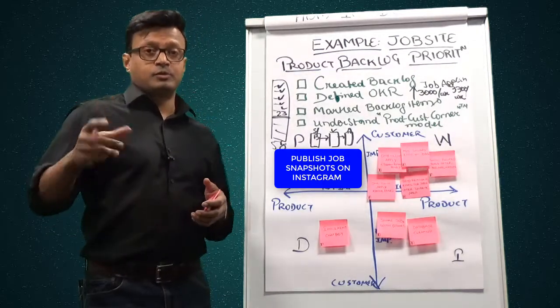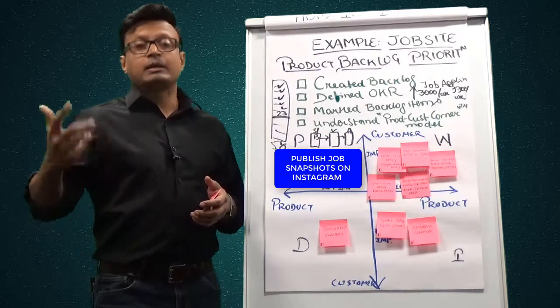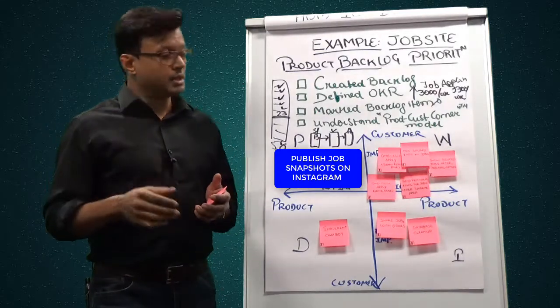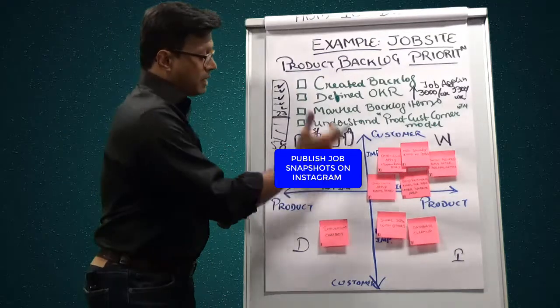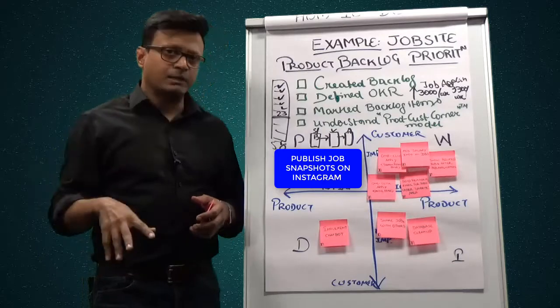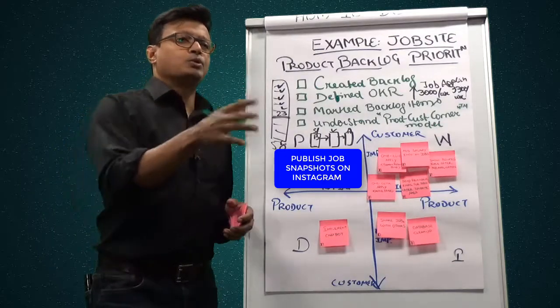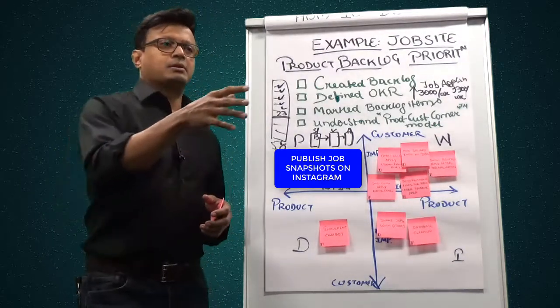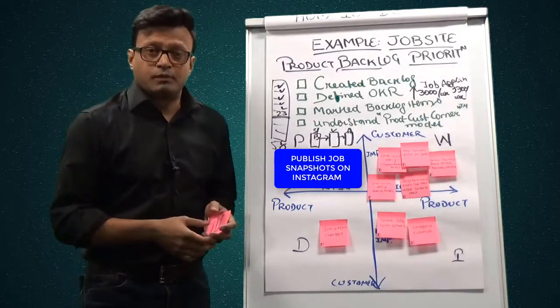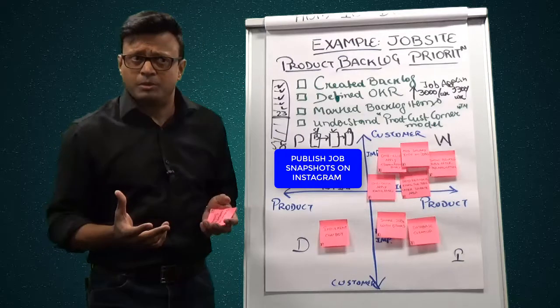If we post the jobs over there as snapshots, maybe people will click through more and will increase the applications. Good thought, good suggestion. But if we look as a product manager at the vision that we have and where we stand at the moment, probably we do not want to go in that direction and capture the Instagram crowd, or we don't want to post our jobs on Instagram at the moment.